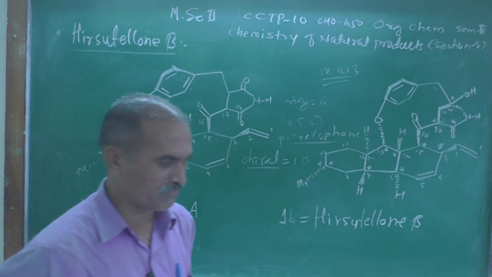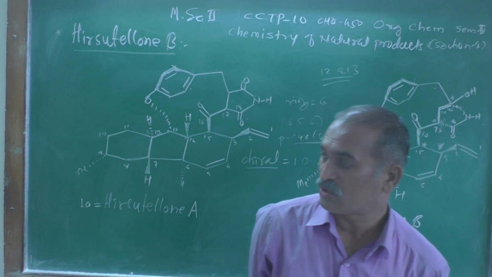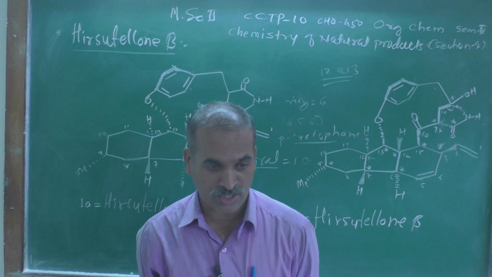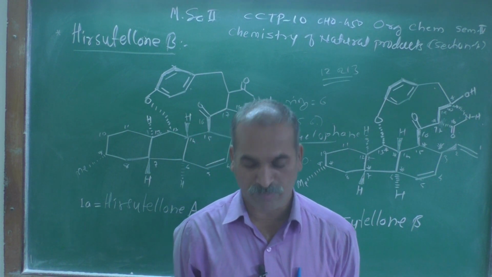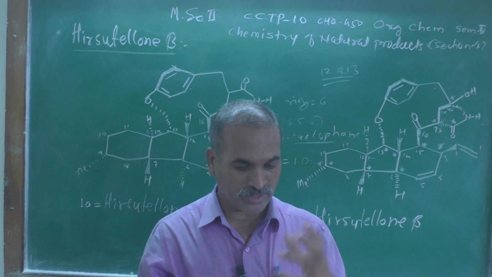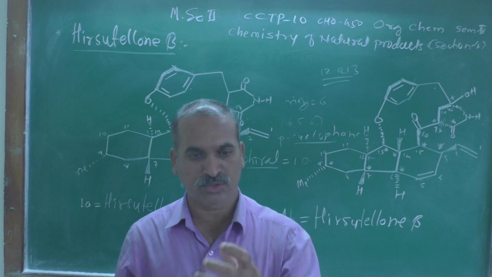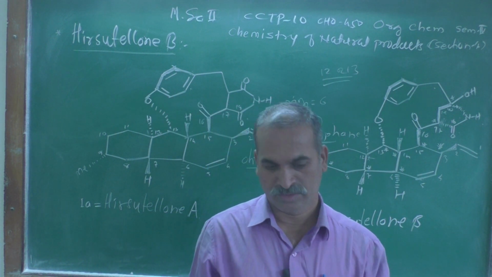According to van't Hoff's rule, 2 raised to n isomers are possible. Therefore, there is a big challenge before scientists to isolate that particular compound in an enantiomerically pure form.